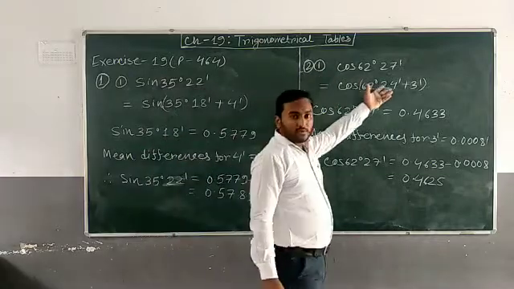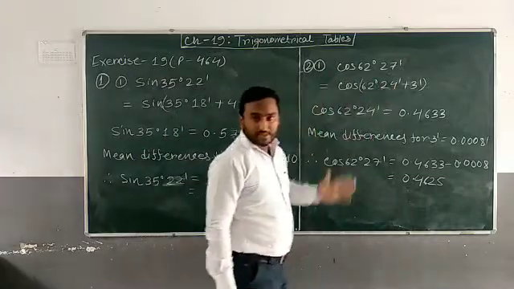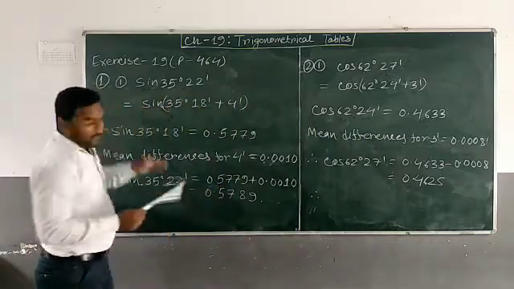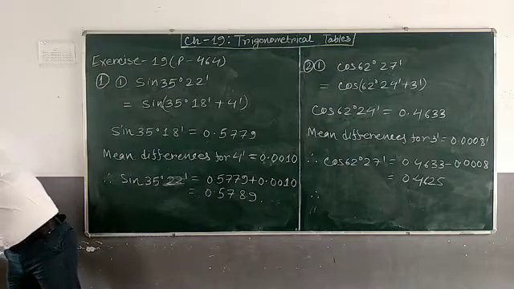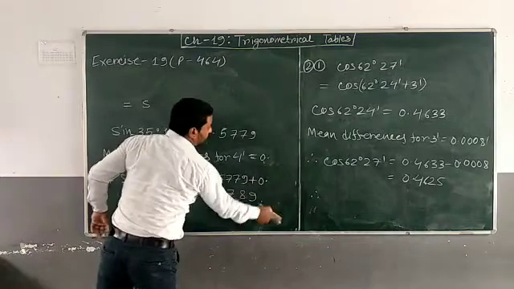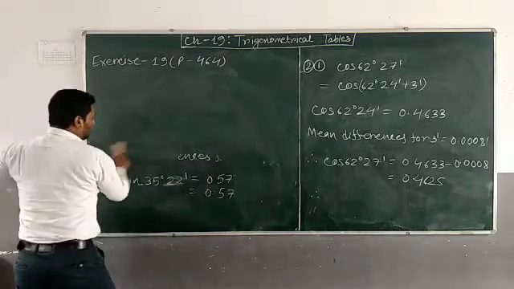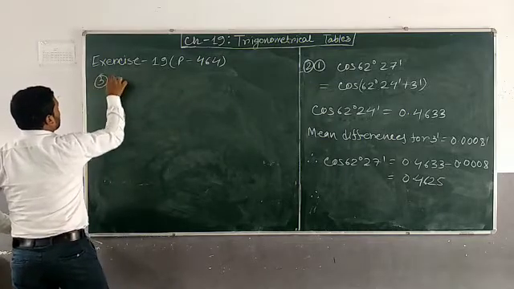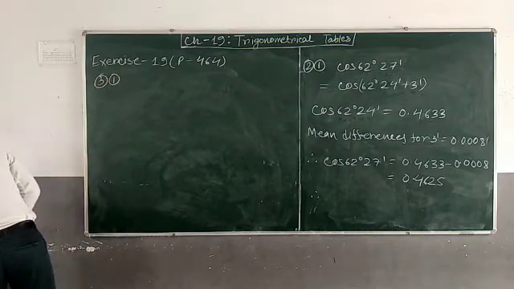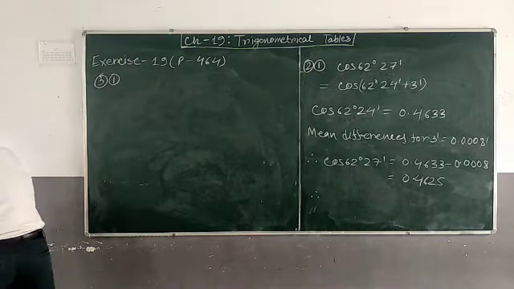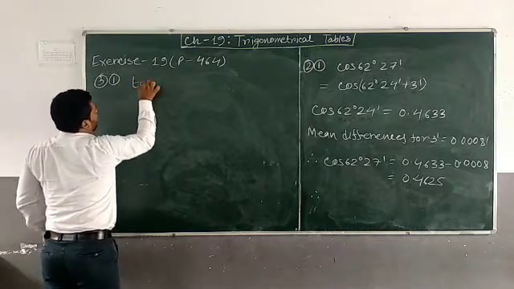Now the rest of the problems you can solve by yourself, exactly following this method. And for tan theta, I am taking question number 3, first part. It is given tan 15 degree 2 minutes.